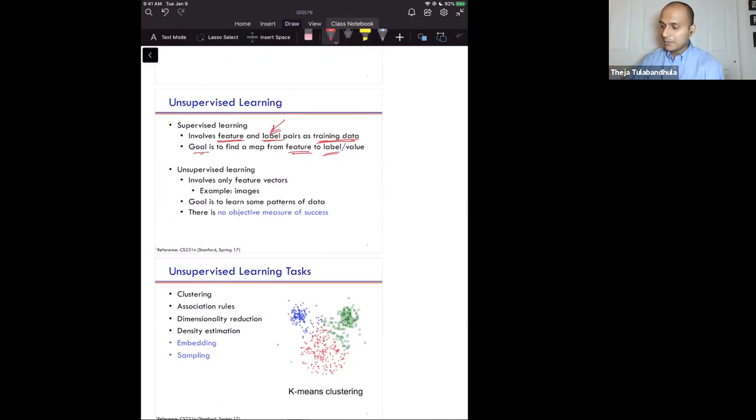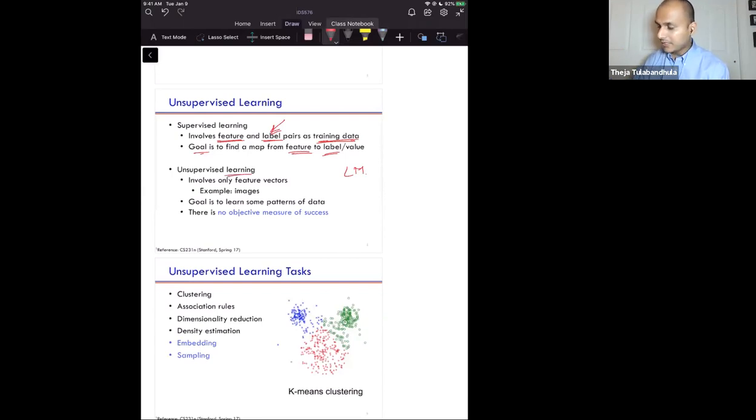So for example, for language models, the next word is the label. A language model is essentially trying to predict the likelihood of the next word or the next few words given the previous word or the previous few words. So there you don't really have to explicitly tag anything, because your next word is your label.